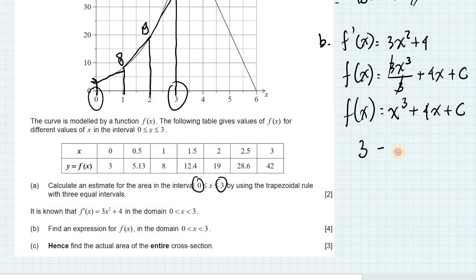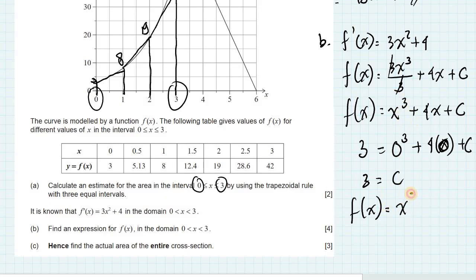So 3 equals 0 to the power of 3 plus 4 times 0 plus c, which is 0 plus 0 plus c, so 3 equals c. Then our fx is x to the power of 3 plus 4x plus 3. There you go, this is question B.